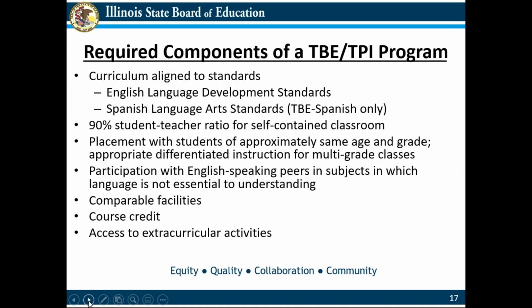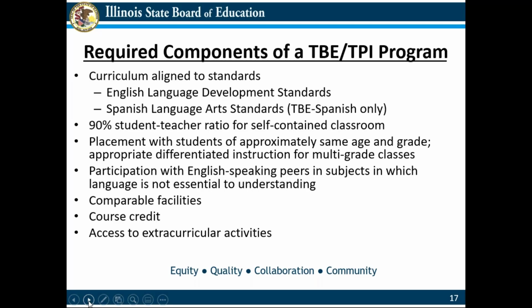Okay, so these are required components for the whole program, for the bilingual program, TBE and TPI. The district must have curriculum aligned to standards, which includes the English language development standards and the Spanish language arts standards. And the Spanish language arts standards only pertain to attendance centers that offer the TBE in Spanish only.